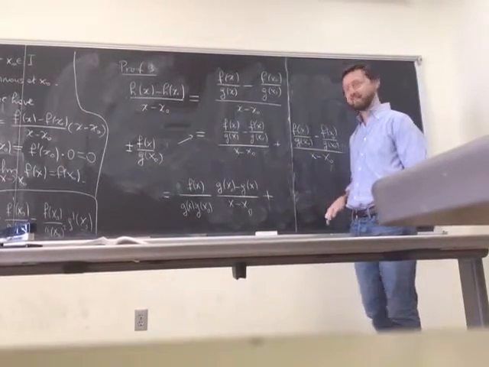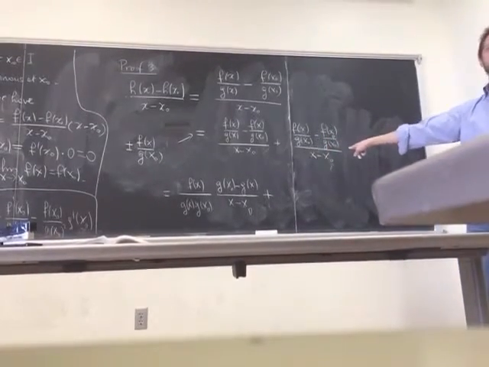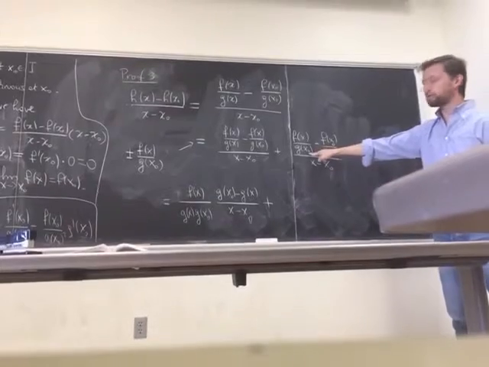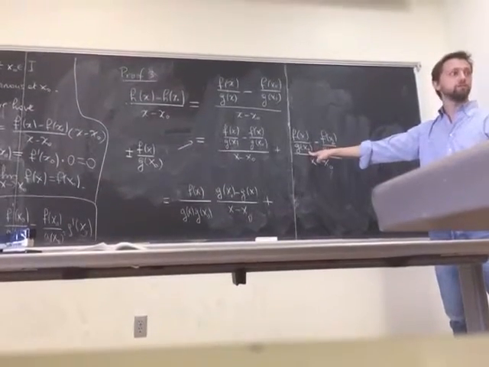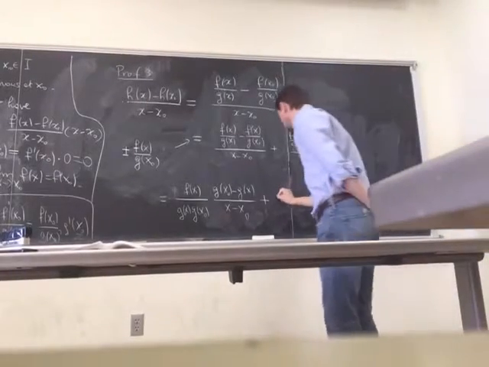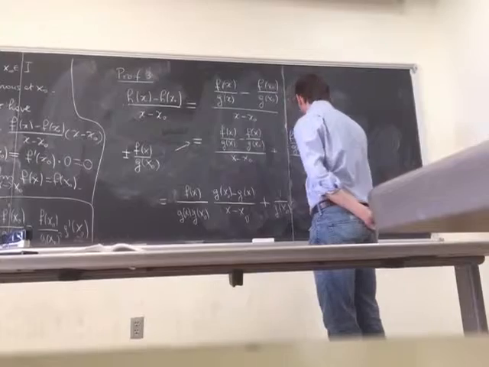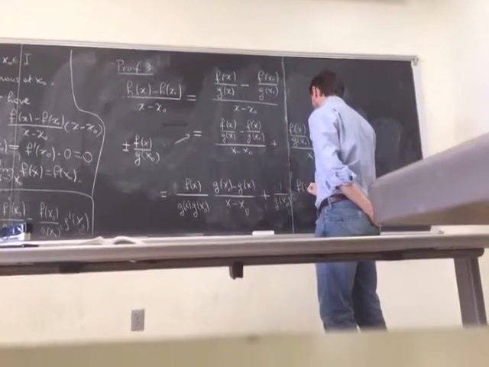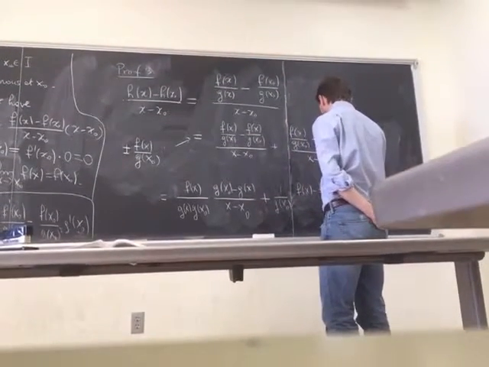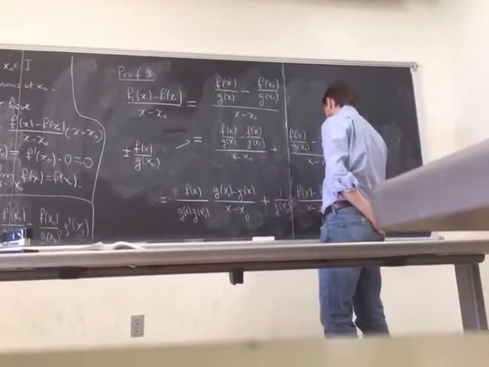Okay? And then I can do something completely analogous here, actually simpler, because I just have to factor out 1 over g of x naught, which is there. So if I factor this out, I get 1 over g of x naught, and then I am left with something familiar, f of x minus f of x naught divided by x minus x naught, right?